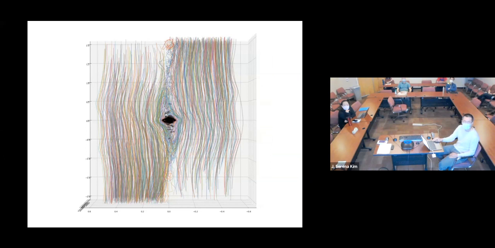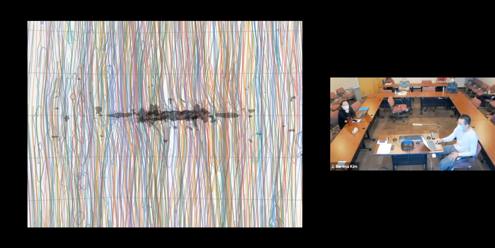So here I show some magnetic field streamlines in this 3D, and you can see the filament forms in the middle with these more or less helical field lines surrounding the filament. Here, just to show in a different projection.